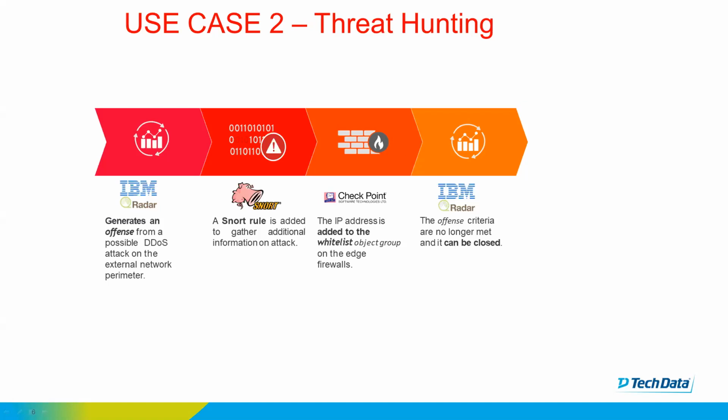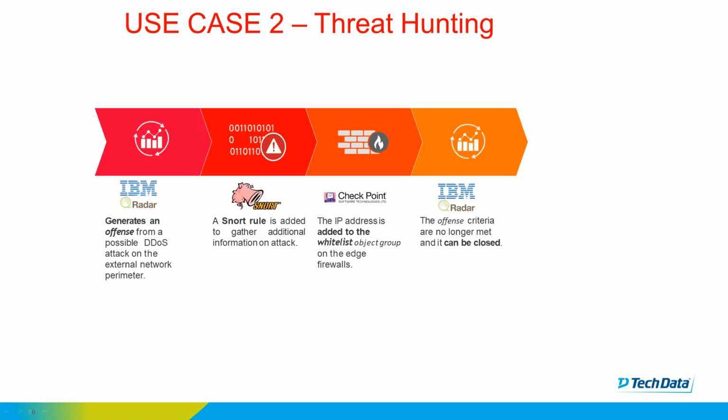But in this example, we have a distributed denial of service attack against our network. With this attack, we'll see this coming into QRadar. The security analyst deploys an additional Snort rule to gather additional information on the attack.